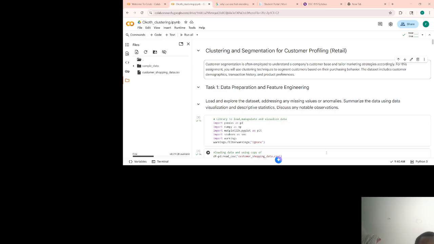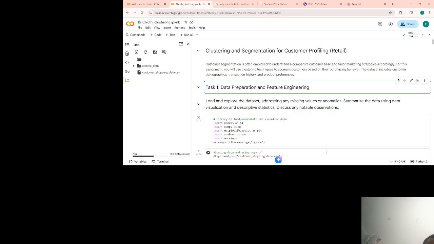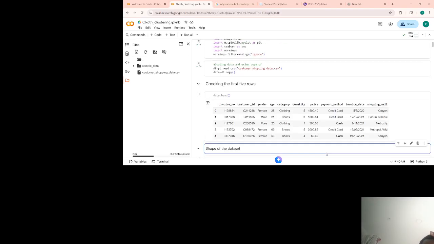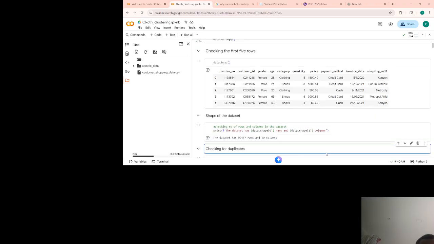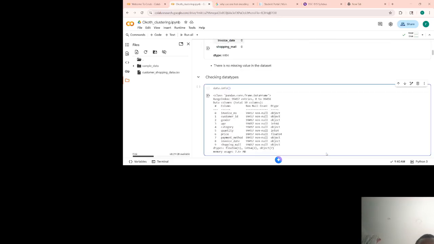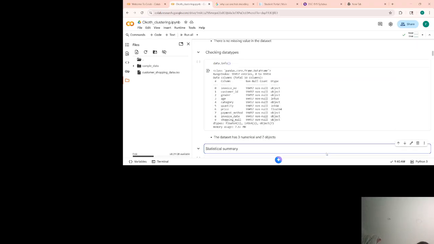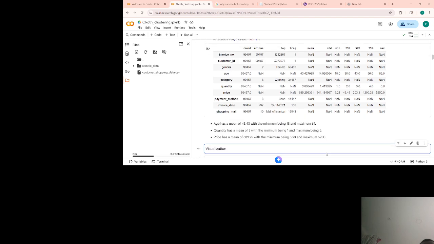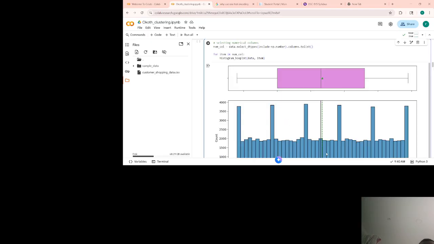We worked with customer shopping data and actually what I did is load the data and did some sanity checks, checking the number of rows, shape of data, checking duplicates, checking missing values, data types, and did statistical summary and accompanied visualizations.